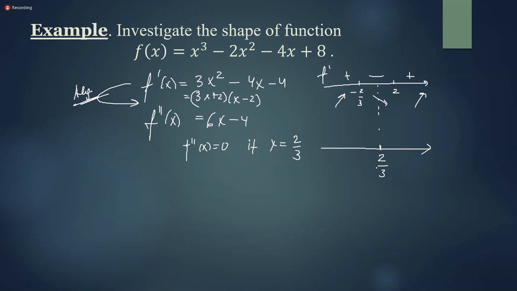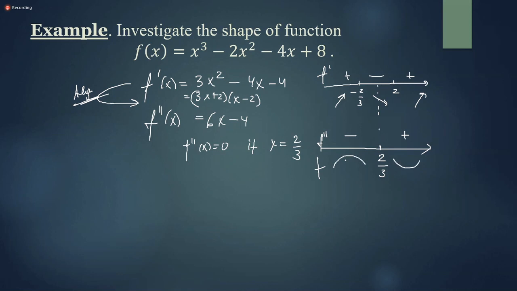Now, the second order derivative is evidently positive if x is greater than 2/3, and negative if x is less than 2/3, which means the function is concave down there, and here the function is concave up.